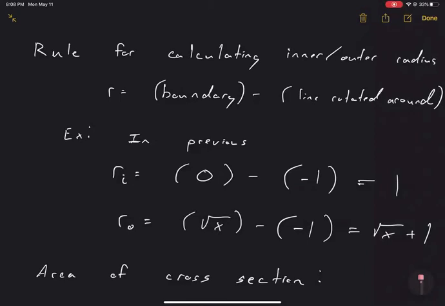It doesn't matter. It's all based around the boundary of our object that we're looking at and the line we're rotating around. So look at this line here. I have r equals boundary minus line rotated around. Okay, so let's use a new page for a moment. We'll go back to that page in just a second.